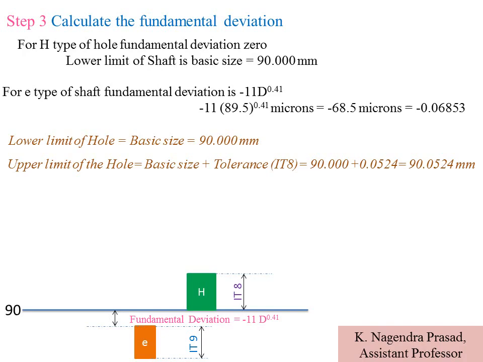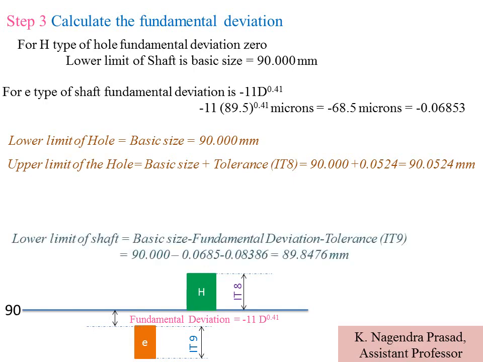Similarly, from the diagram we observe that the lower limit of the shaft is equal to the basic size, that is 90 mm, minus the fundamental deviation, minus the tolerance value, that is the IT9 value. So basic size 90 mm, minus fundamental deviation 0.0685, minus tolerance value.